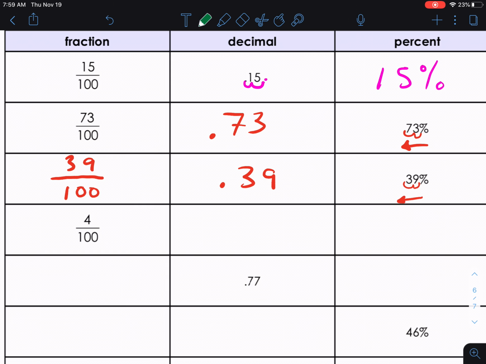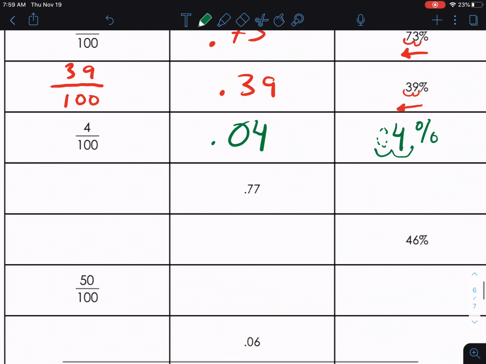Here, ya estoy sobre 100. My percent is 4. 4%. 2 times to the left. 2 veces a la izquierda. 1, 2. Add a 0. 0.04.